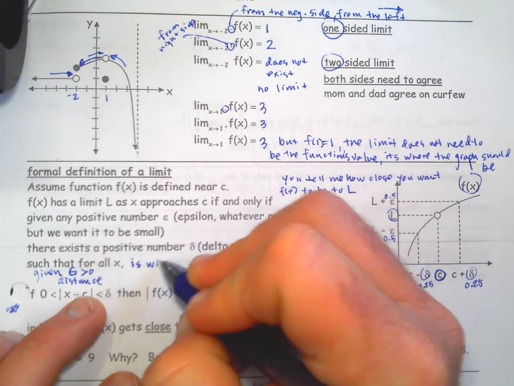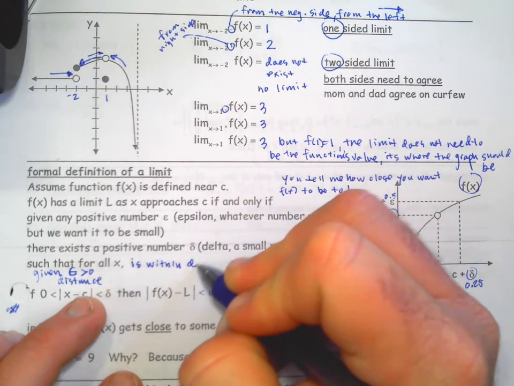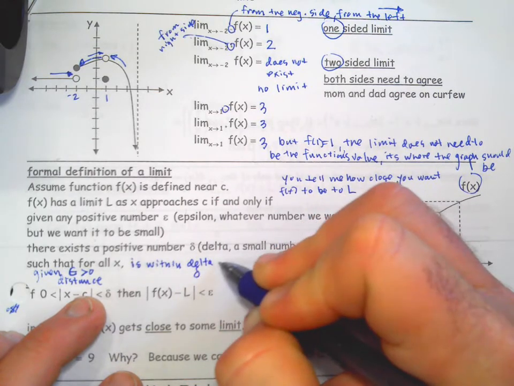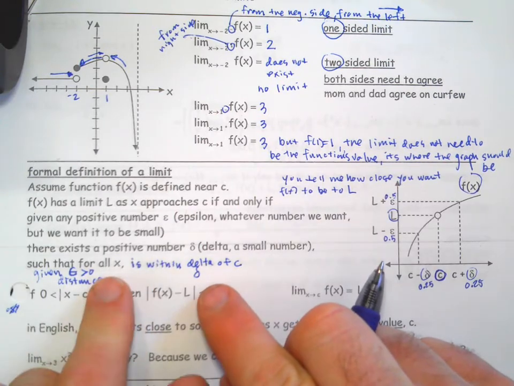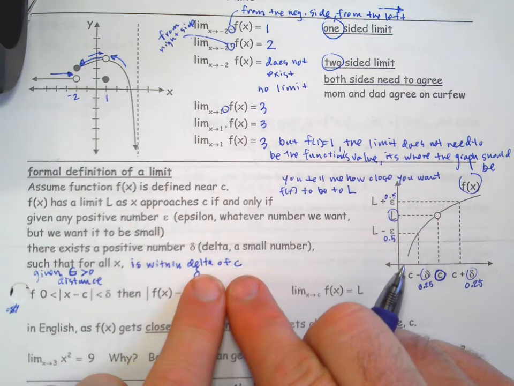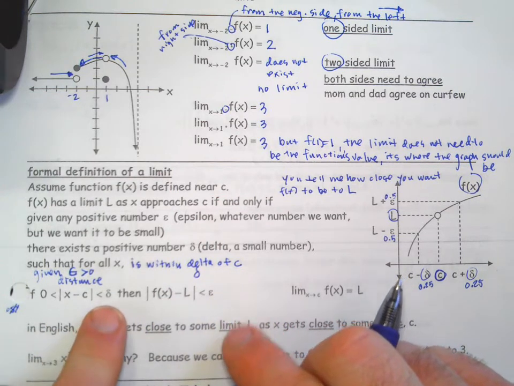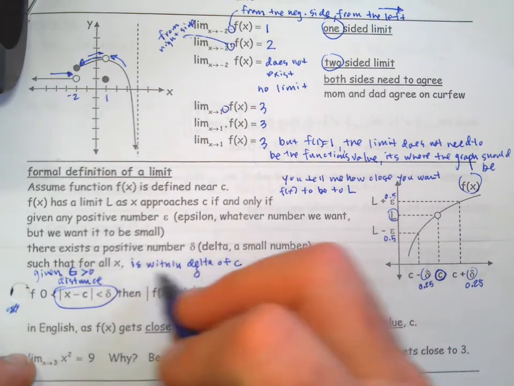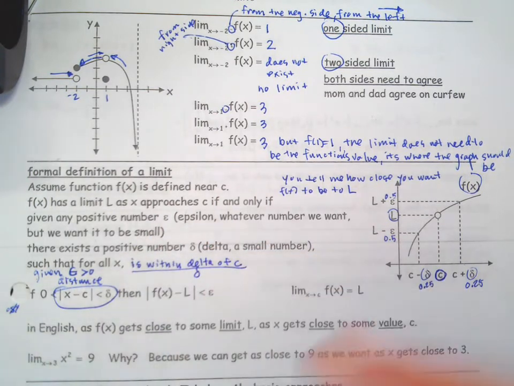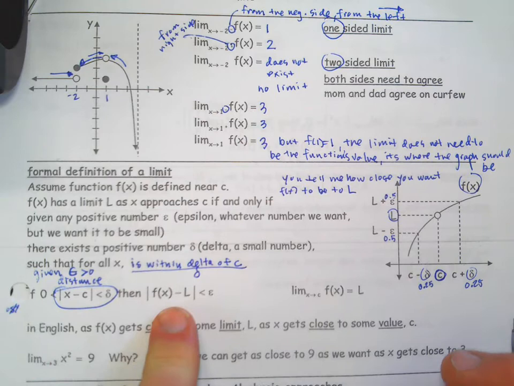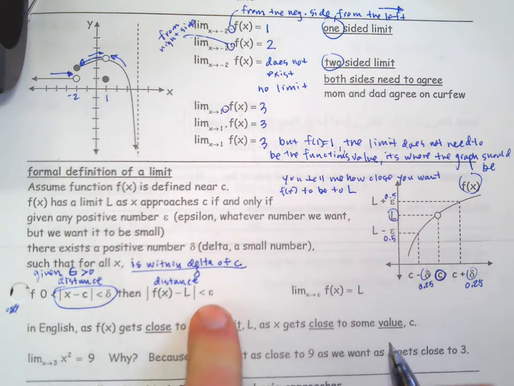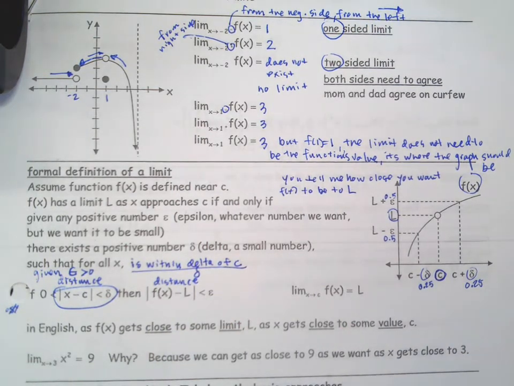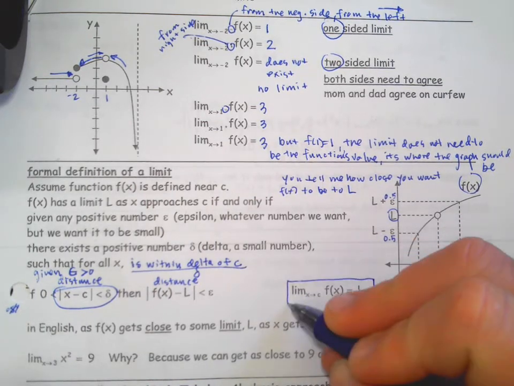To say that x is within delta of c is to say that the distance between x and c is less than delta. This is just a different way of writing that idea down. And then we say also that the distance between the function and the limit L is less than epsilon. If we can do this, then we've proven that the limit exists.